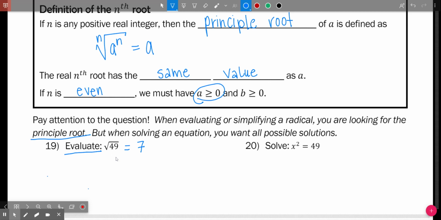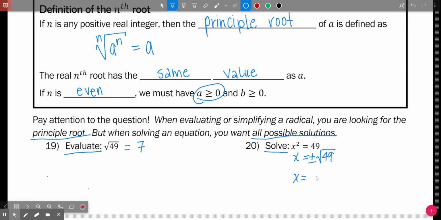In number 20, we're being asked to solve. So that means we want all possible solutions. X squared equals 49. When we solve this, we need to take the square root of 49. But because x squared has to be equal to positive 49, we could potentially have a positive or a negative answer.